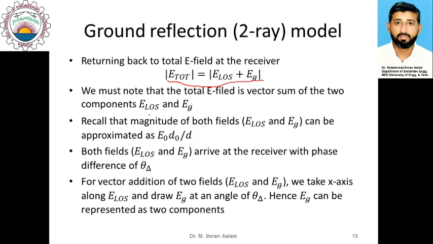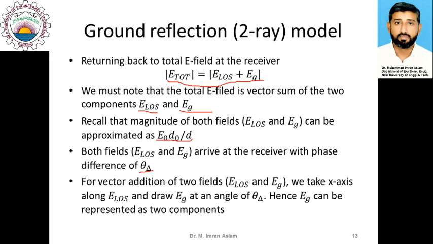So we have two vector fields ELOS and EG which are arriving at the receiver. Magnitude wise, we have already discussed, we can approximate these two fields as E naught d upon d, but the phase at the receiver side would be different, and these two fields would have a phase difference of theta delta, which has already been calculated in the previous slide.